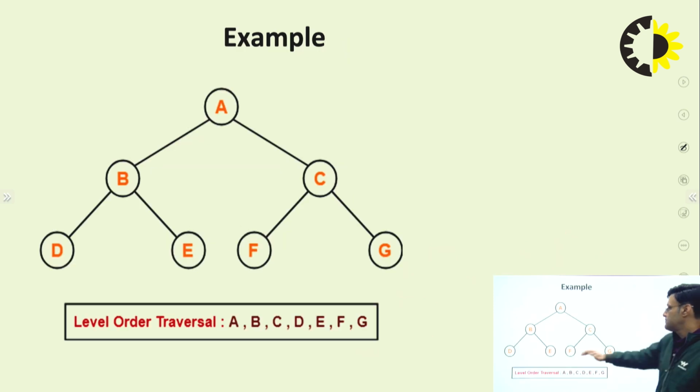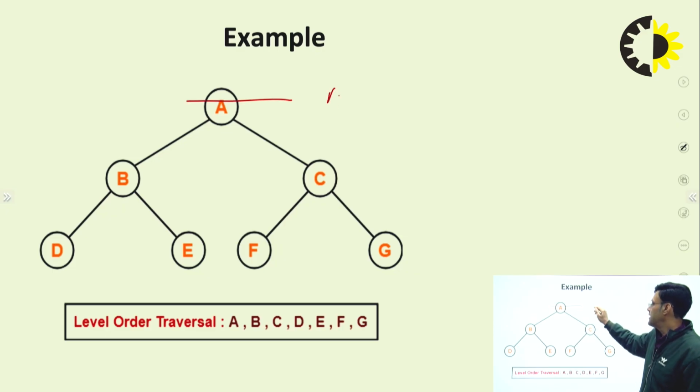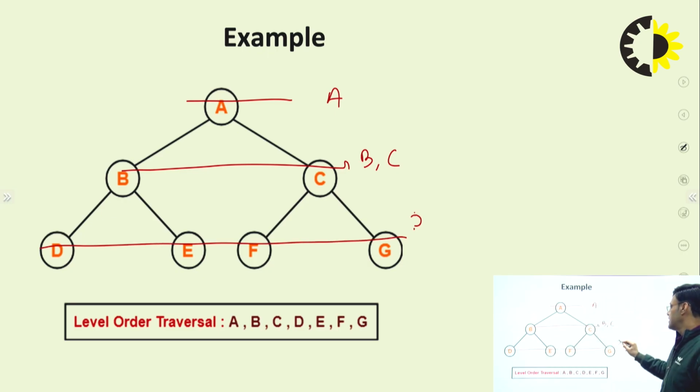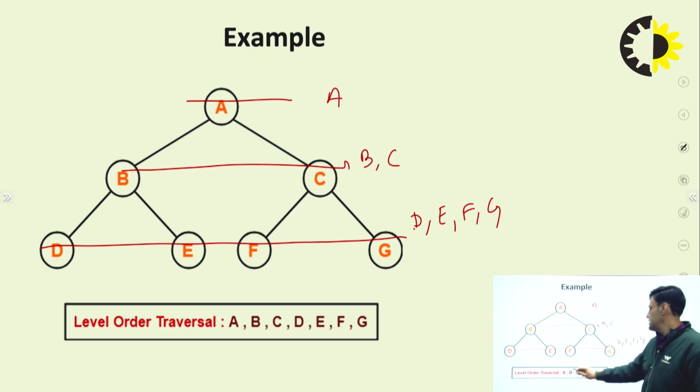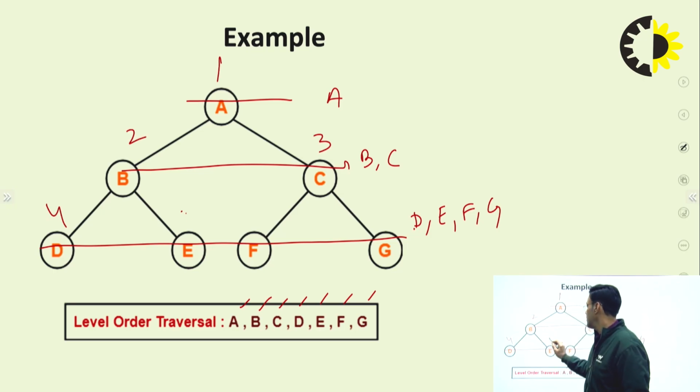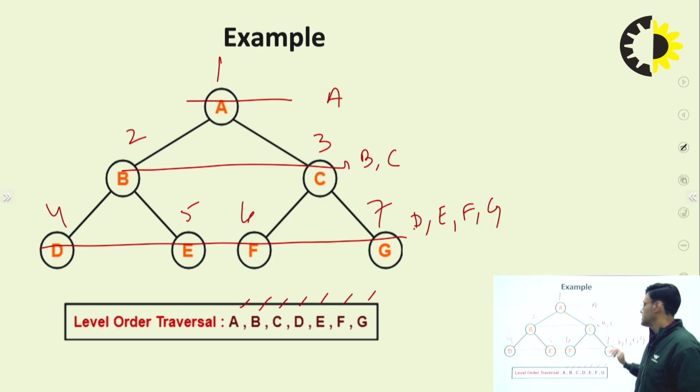Level order. See, A, then comes B, C, then comes this level D, E, F, G. So the answer is A, B, C, D, E, F, G. Okay, you can give the index number 1, 2, 3, 4, 5, 6, 7.